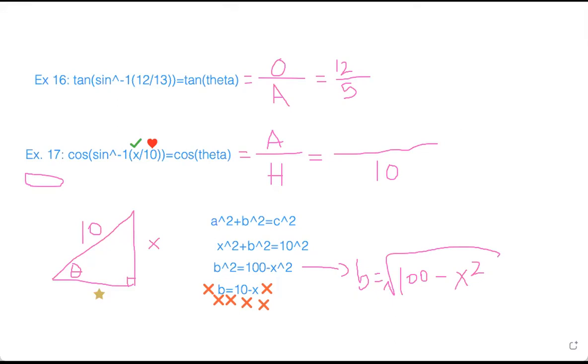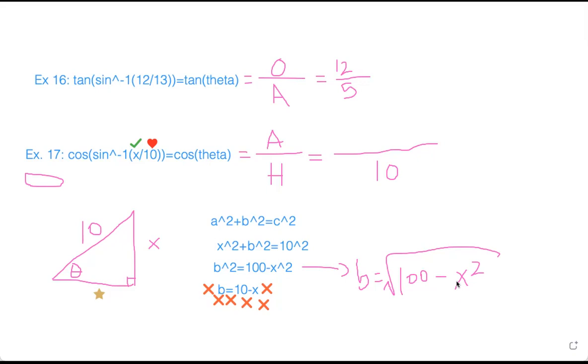I am super glad though that you said 10 minus x, because that is the most common mistake. The issue here is we cannot just square root terms that have a plus or minus in them.